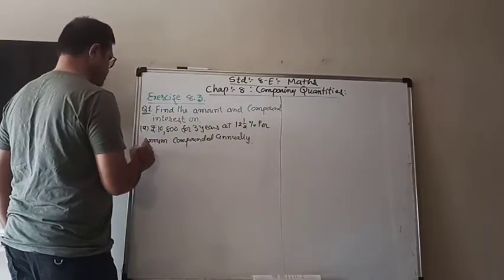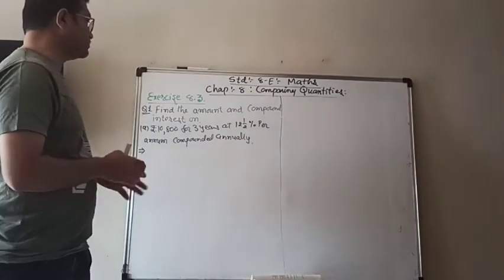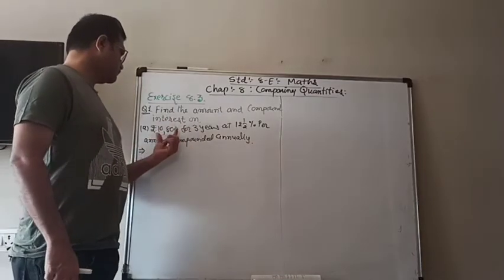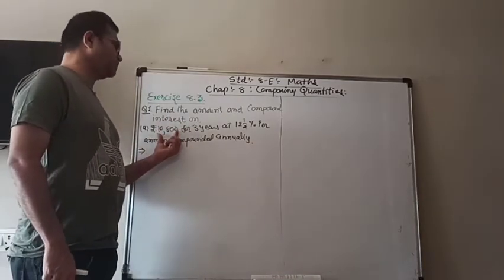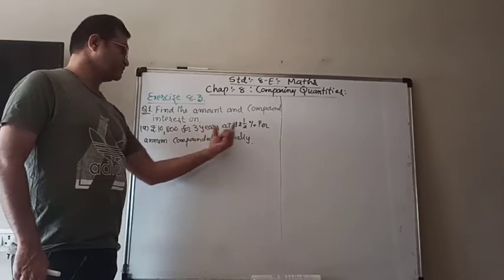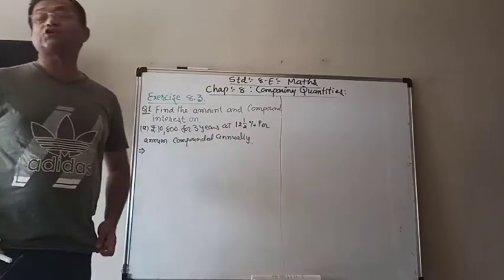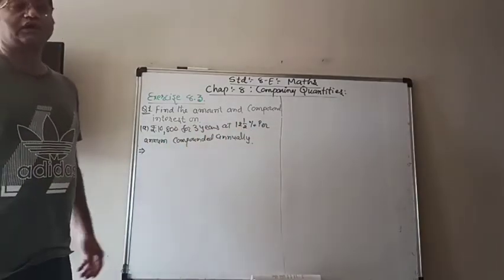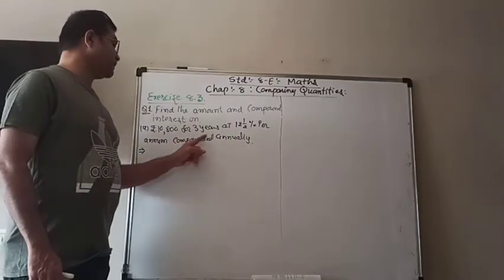So here we have to find the amount and compound interest on rupees 10,800 for 3 years at the rate of 12.5% and the interest is compounded annually.